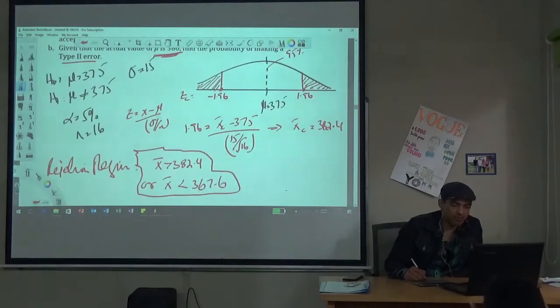Has anybody confirmed these values by the way? Is this confirmed, 3 to 2.4? Actually, the probability of type 2 is very high, that's why I'm just confirming. Can anybody recompute this? 3 to 2.4, please check.